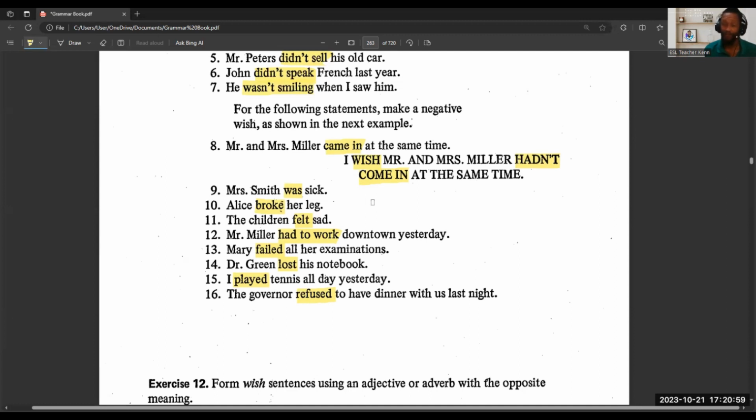The children felt sad. I wish they hadn't felt sad. Mr. Miller had to work downtown yesterday. I wish he hadn't had to work downtown yesterday.